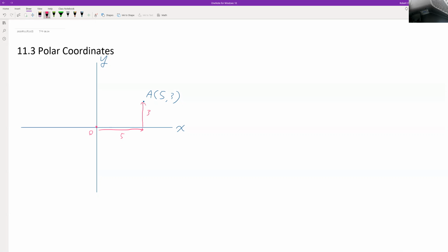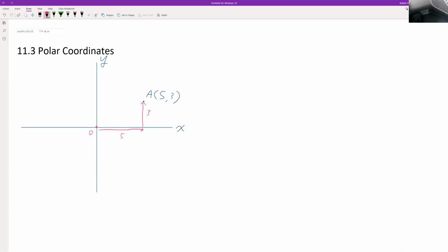That's what the x value and the y value tell us, which direction we have to travel in order to get to that point.